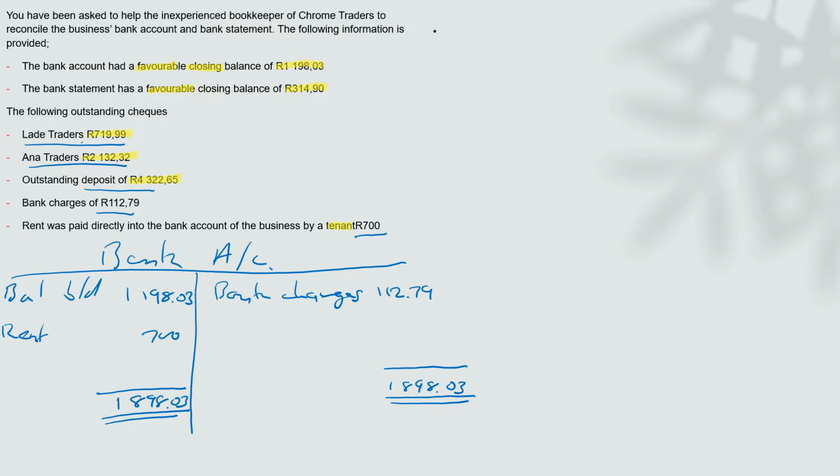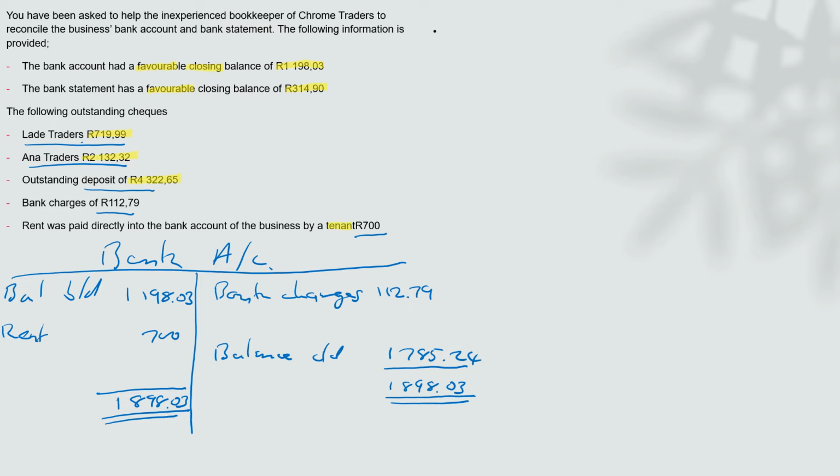Right, then once we do that, we find the balance CD. Balance CD will be the total minus the total of the credit side, which is 112.79. That's minus 112.79. And that will be 1,785.24.